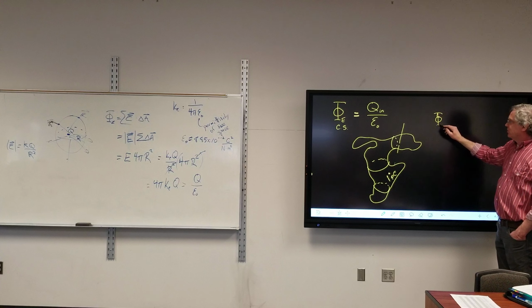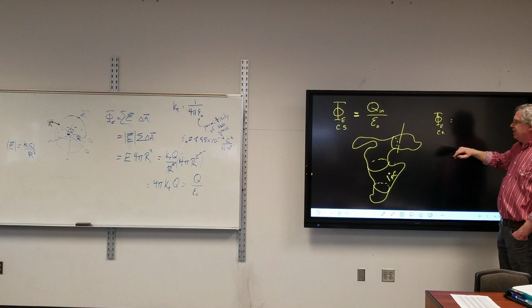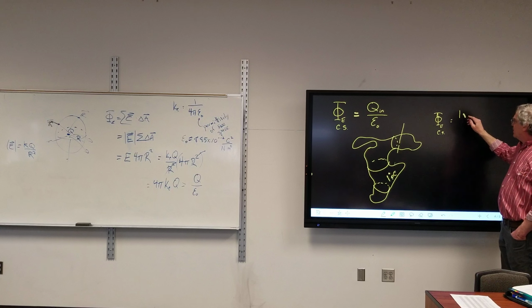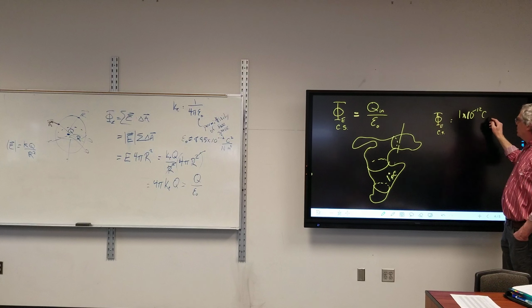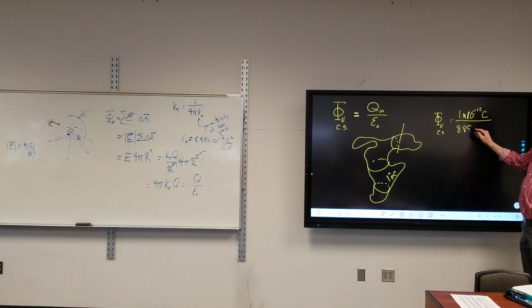the electric flux, I should say, because we'll deal with another kind later on, is going to be the charge that's inside, 1 times 10 to the negative 12 coulombs, divided by 8.85 times 10 to the negative 12 coulombs squared per newton meter squared.